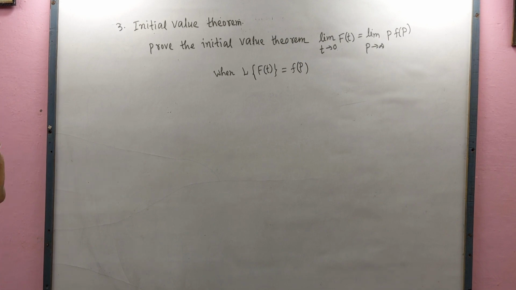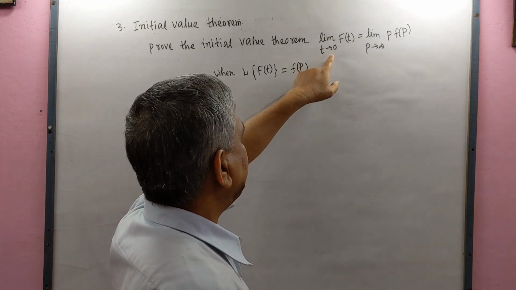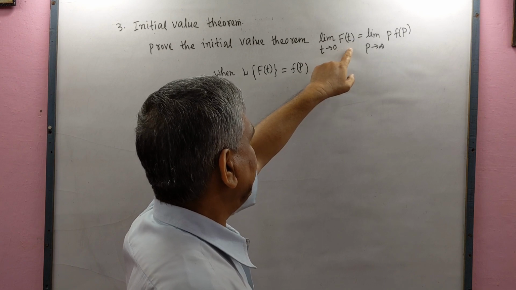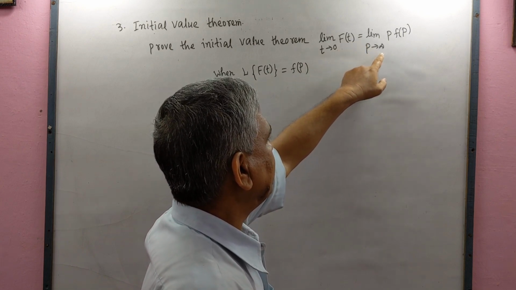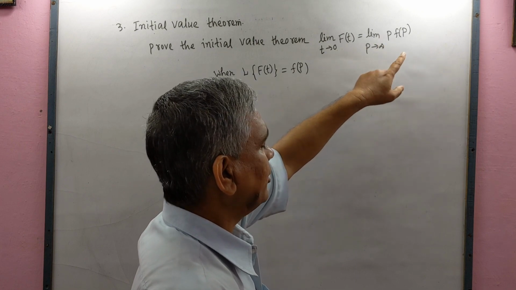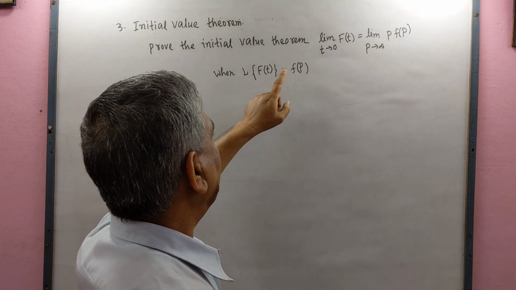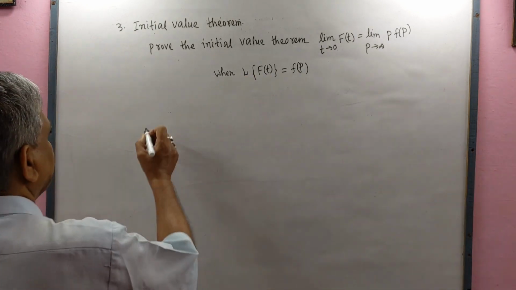Now we shall prove the initial value theorem. The initial value theorem is: limit t tends to 0 of capital F(t) equal to limit p tends to infinity of p times small f(p), where small f(p) is the Laplace transformation of capital F(t). Proof.